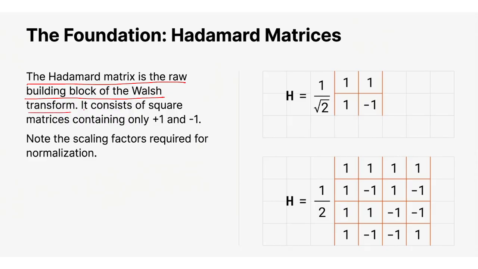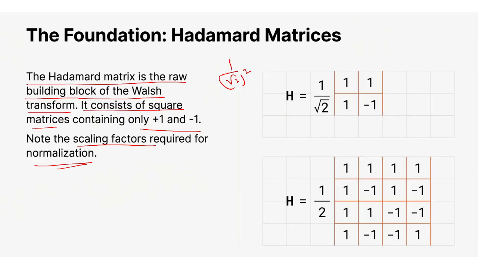It consists of square matrices containing only +1 and -1, because in Hadamard matrices we saw that we are only having -1 and +1, and since the Hadamard matrix is the foundation, here also we will be having the same nature.